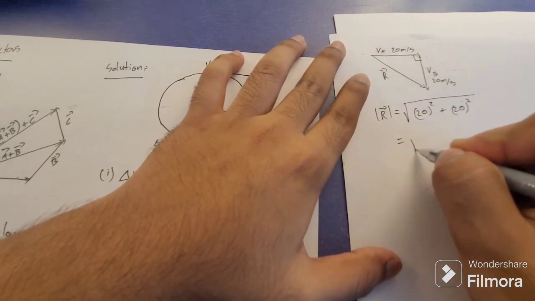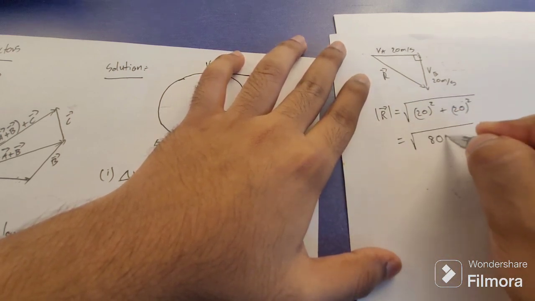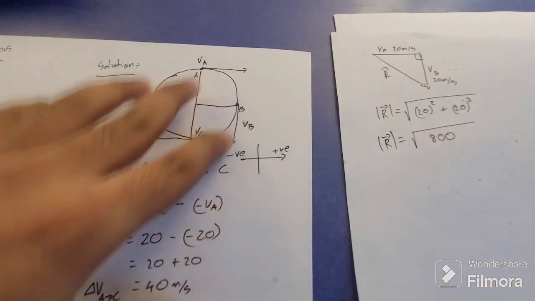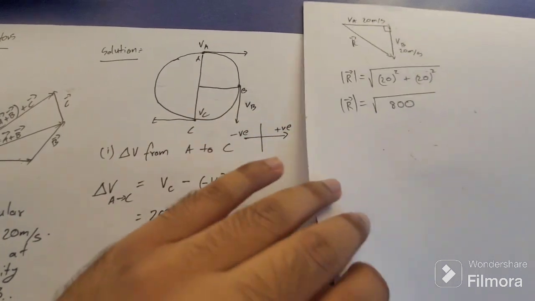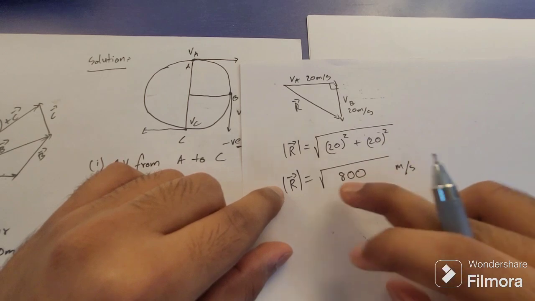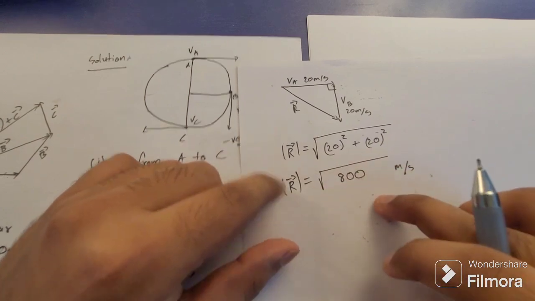So this would come out to be root 800. So now let us try to interpret this result. The units obviously would be meters per second.